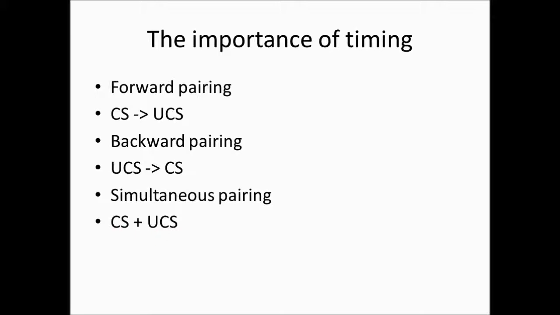Now, the least effective way of doing it is actually backwards pairing, and that is to combine the unconditioned stimulus, wait, and then give them the conditioned stimulus. That's not particularly successful. You'll get a response, but it's going to take a very long time to do it. So that's giving them the food and then ringing a bell afterwards. Well, not going to be terribly successful.